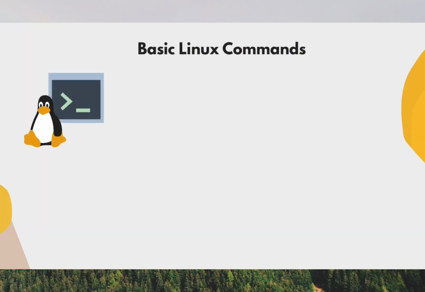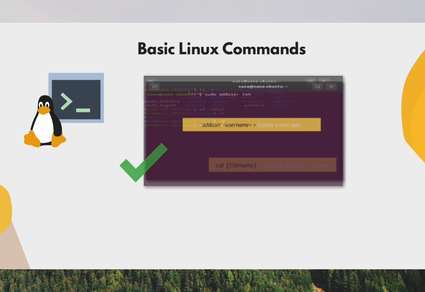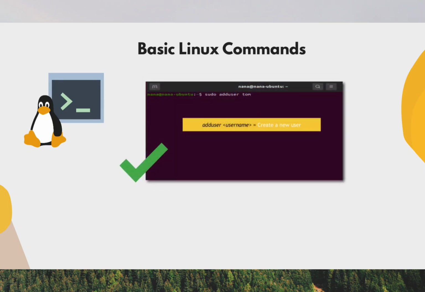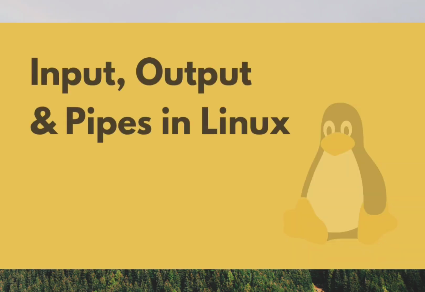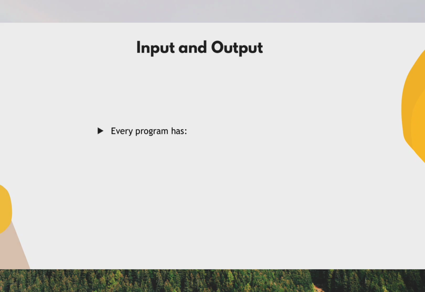Till now, we saw many Linux commands for different use cases, like displaying the contents of a directory, creating users, and assigning them to groups, etc. And in Linux, every command can have an input and output.